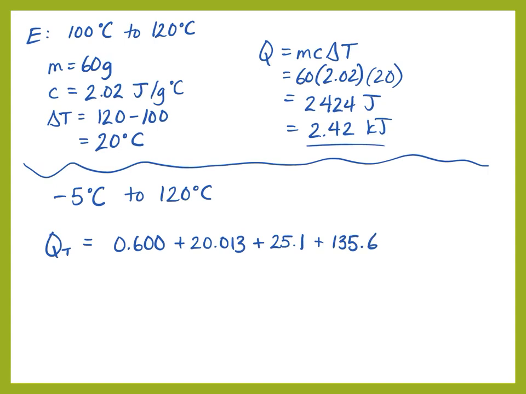And then our final amount was 2.42 kilojoules of energy to raise the temperature from 100 degrees Celsius to 120 degrees Celsius. So our total is 183.7 kilojoules of energy that it took to raise 60 grams of water from -5 degrees Celsius to 120 degrees Celsius.